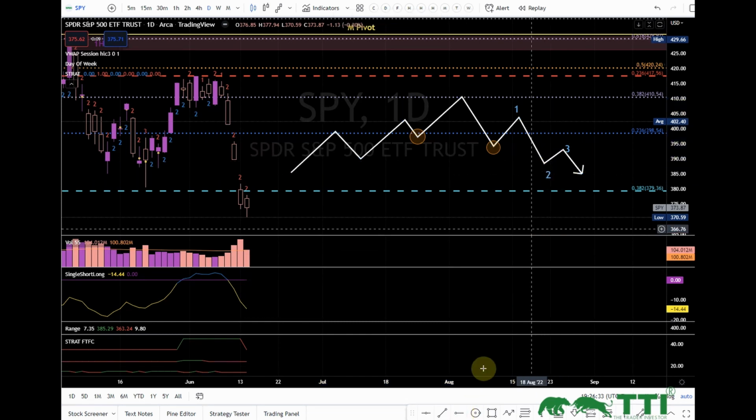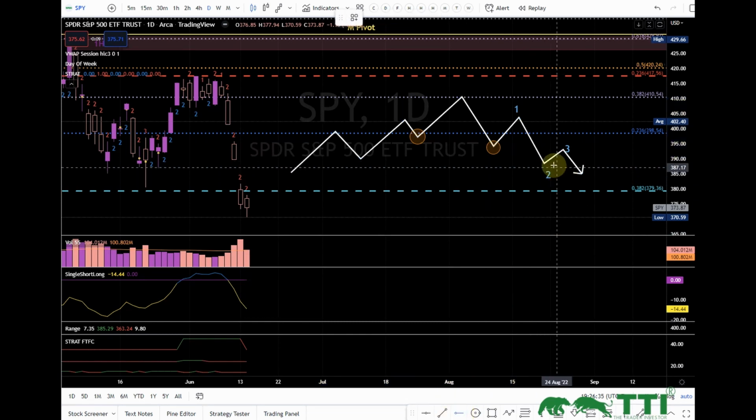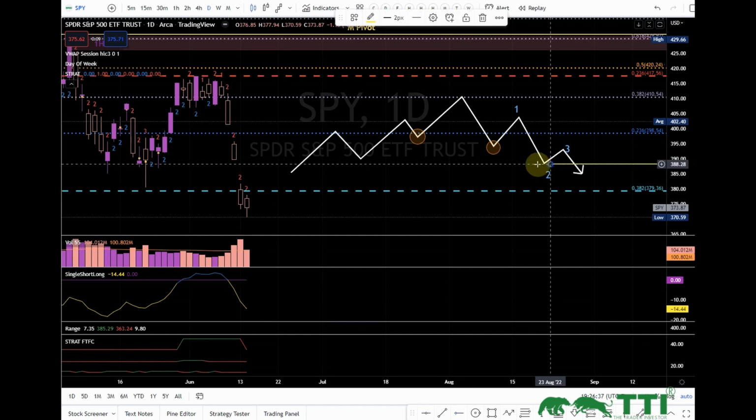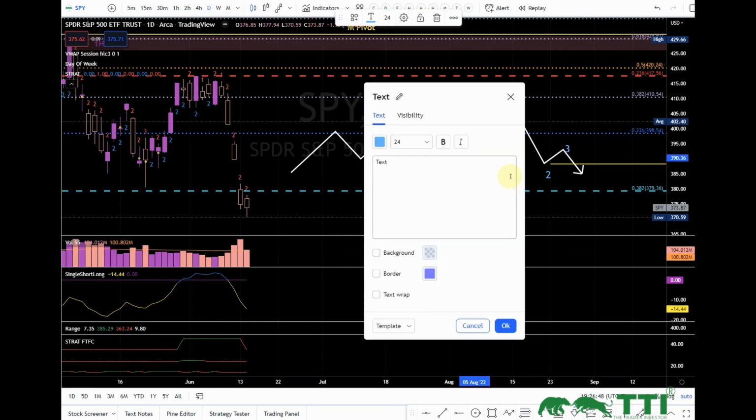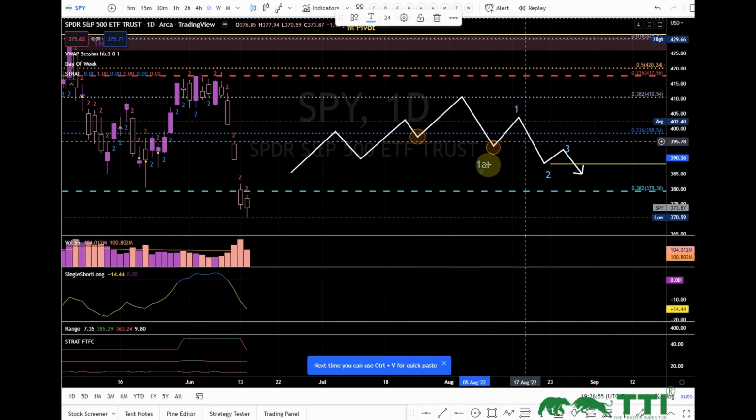Now, Mani, what you said is not wrong. What you said is absolutely right, because you can say, well, I did have my first lower low, I want to count this as 1. If you count this as 1, your 1, 2, 3s would be a little different, but they'll both be right. So this would be your 1A.